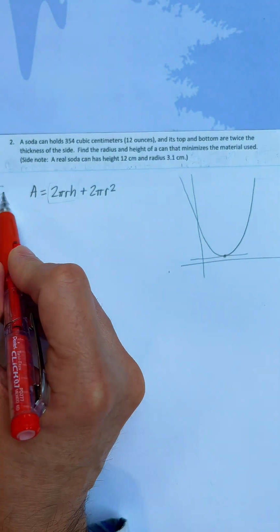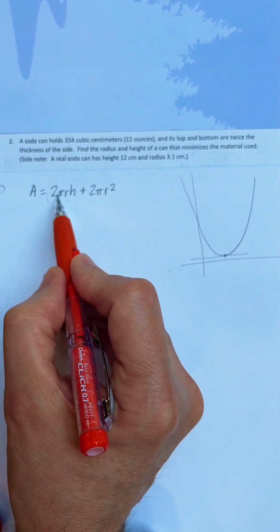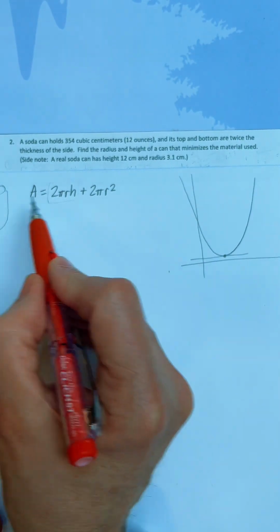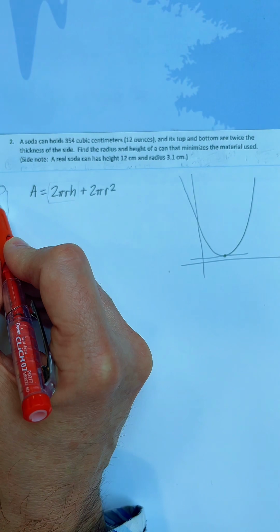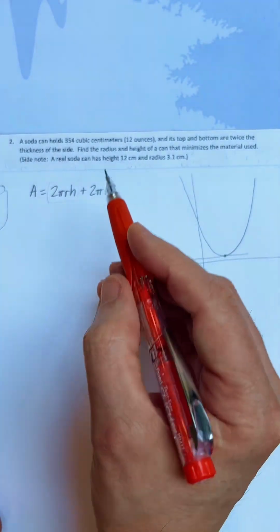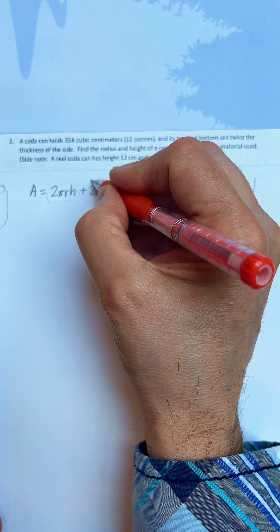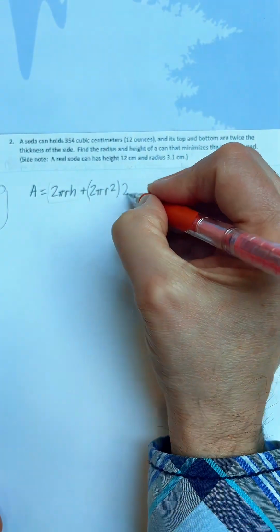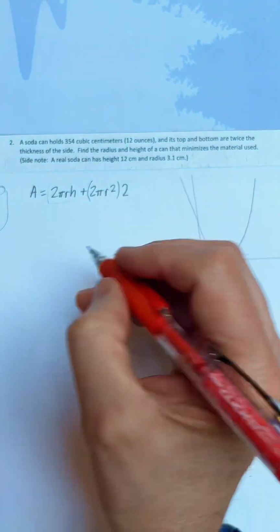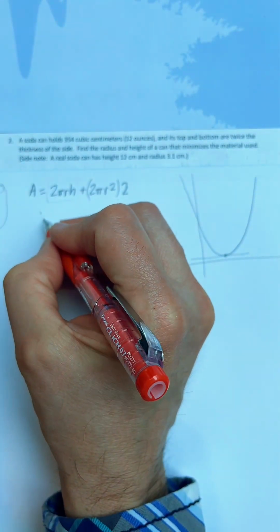In other words, that part. This part right here is the sides, like the roll that would go around it, and this part is where we have the pi r squared, the circle part. So since it's twice the thickness, we're gonna double that.